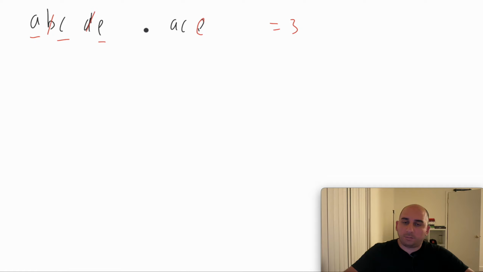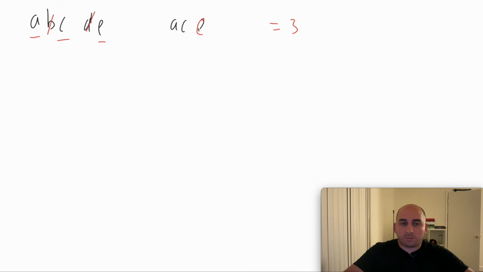Then we solve another subproblem, AB and A. Once we expand our strings to larger strings, we can use the solutions of subproblems we have already solved, so we don't have to solve them again.